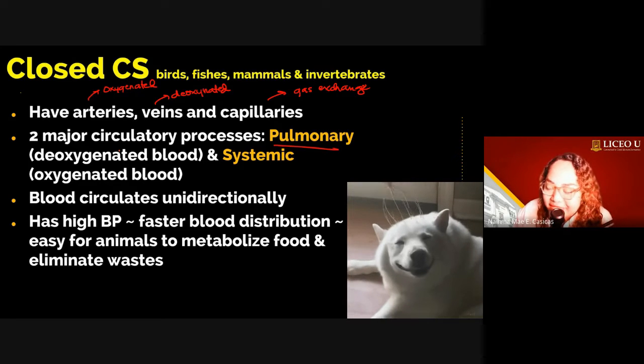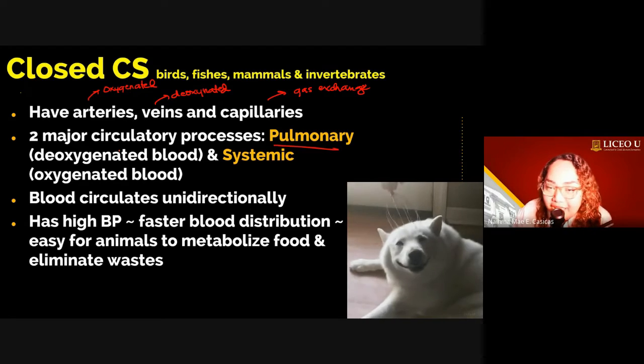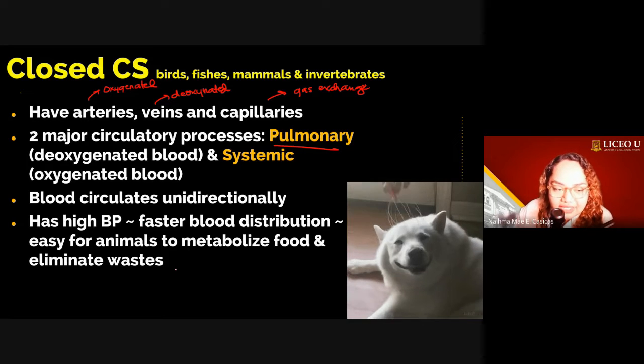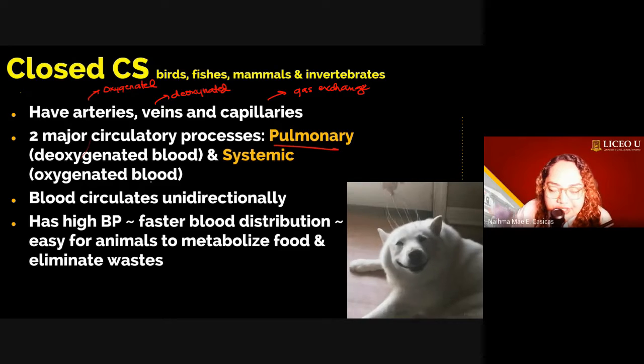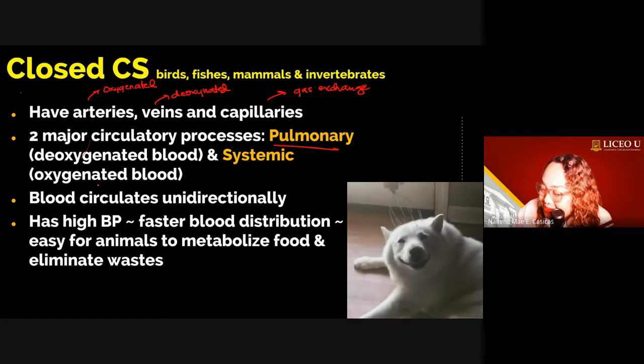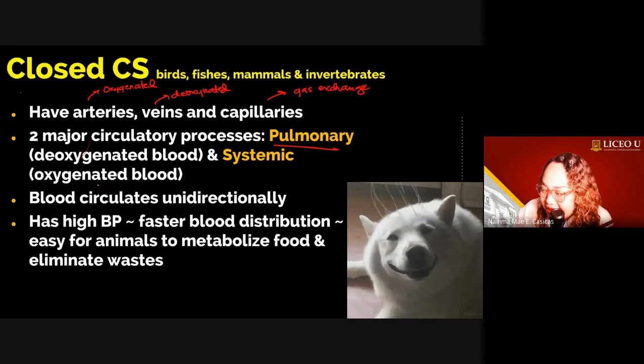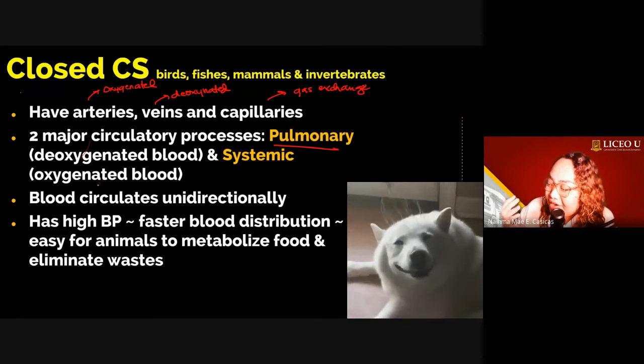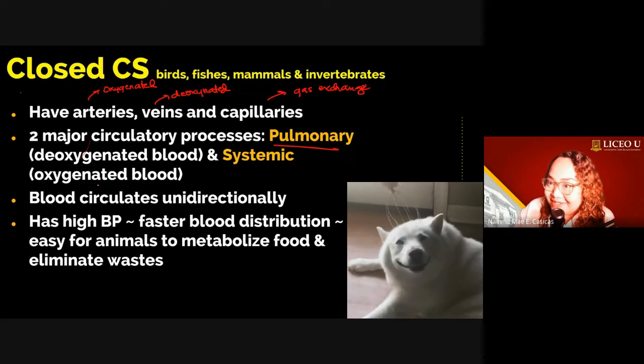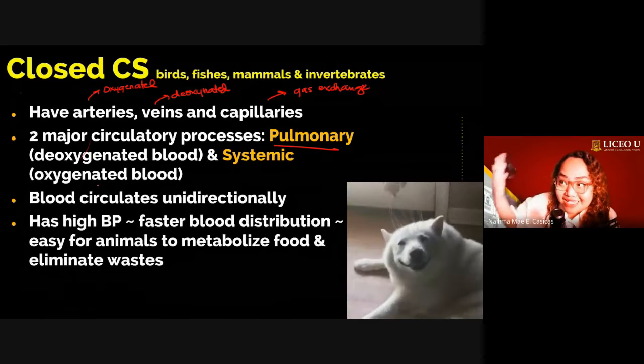And because of that, because we have arteries, no, we will have a higher blood pressure than the animals mentioned kanina. So because of the higher blood pressure, the blood will be distributed faster. And that is why we are capable of a higher metabolism, more complex activities.